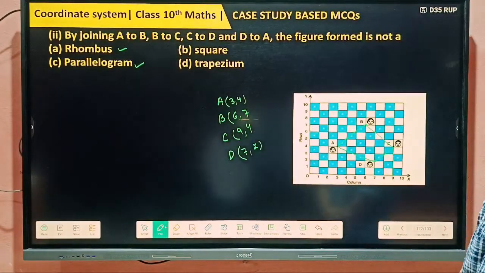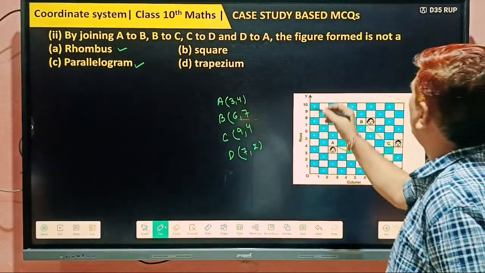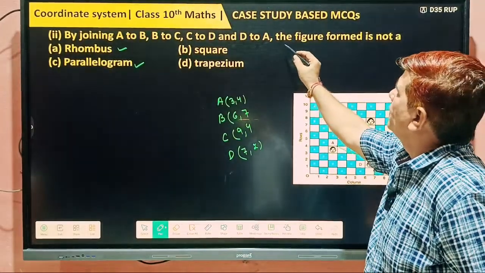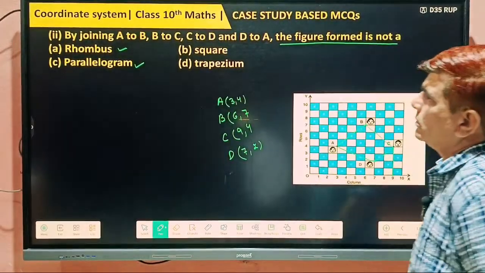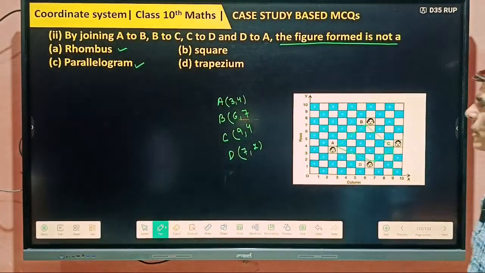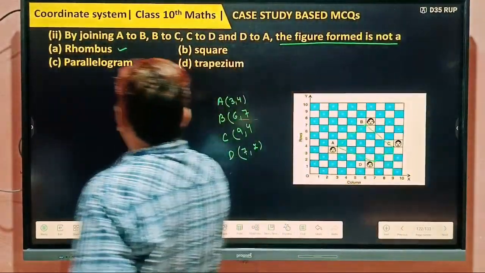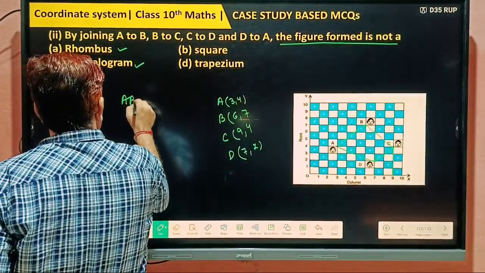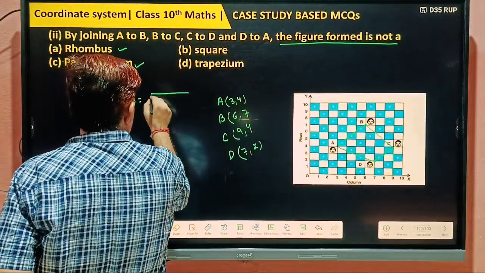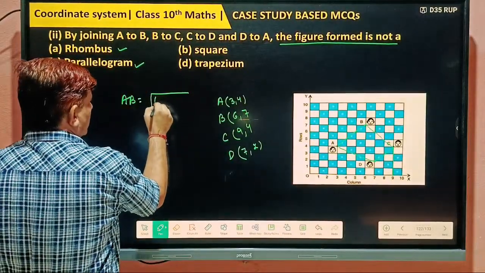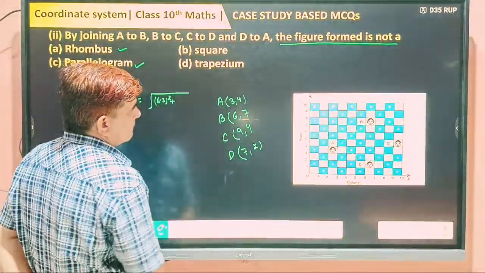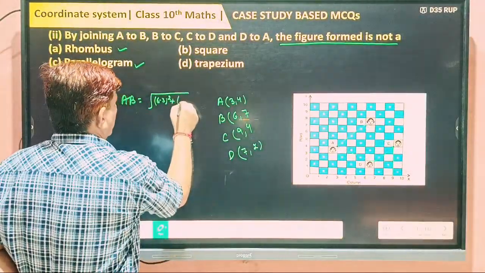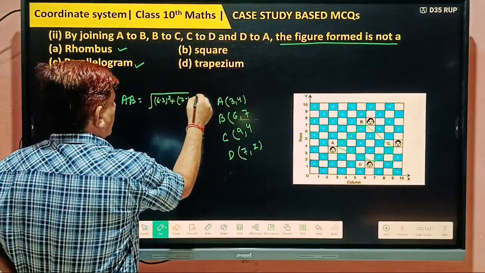So which thing we have to prove? Here the figure formed is not a... What we can say? AB we can find out. AB is equal to under the root (6 minus 3) whole square plus (7 minus 4) whole square.